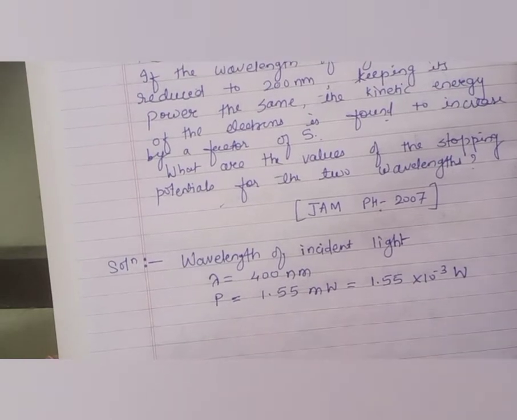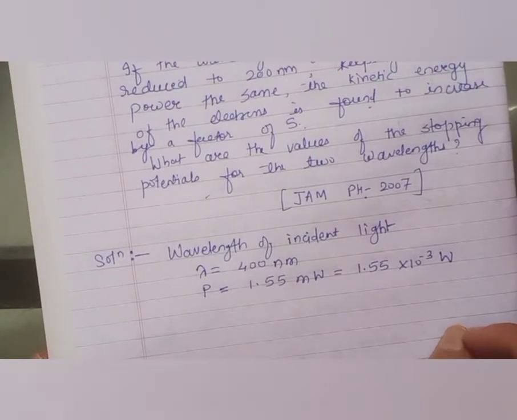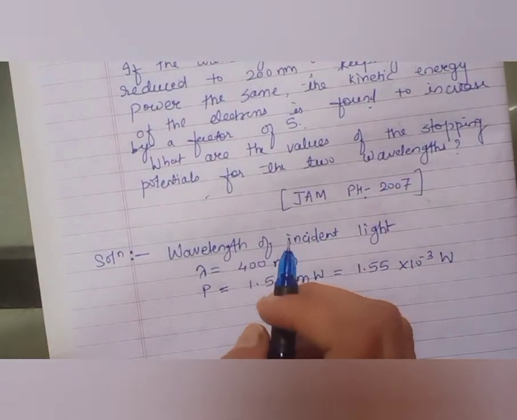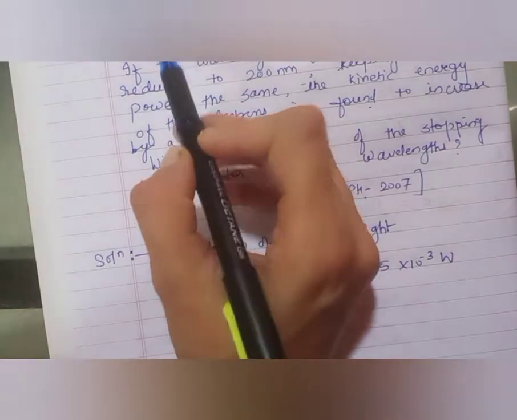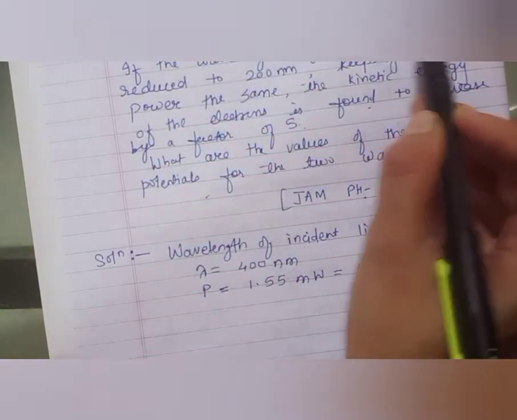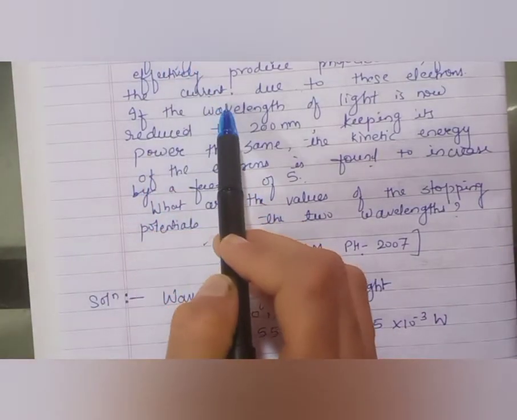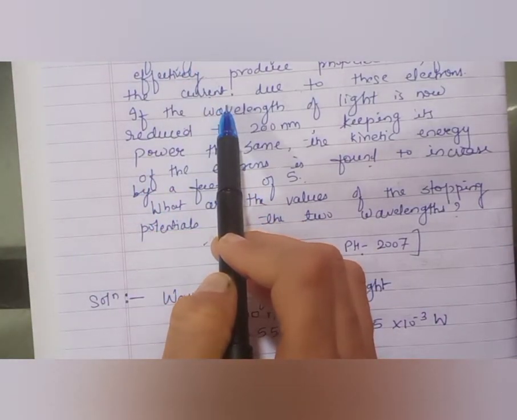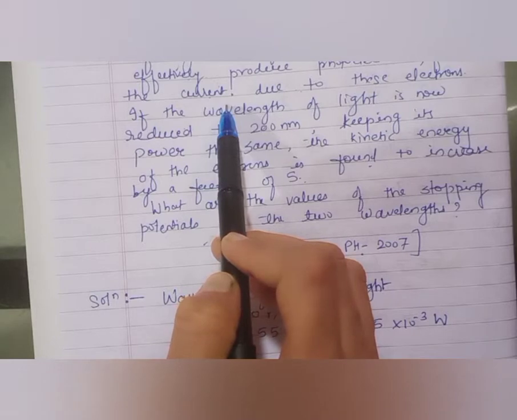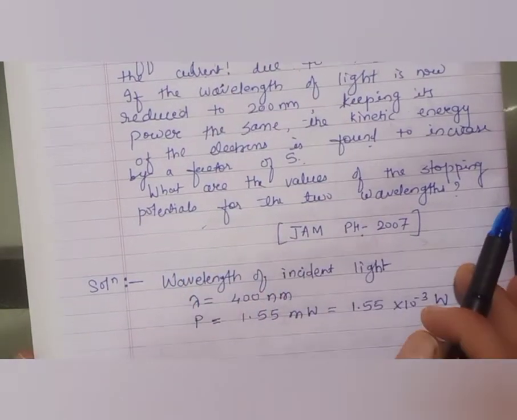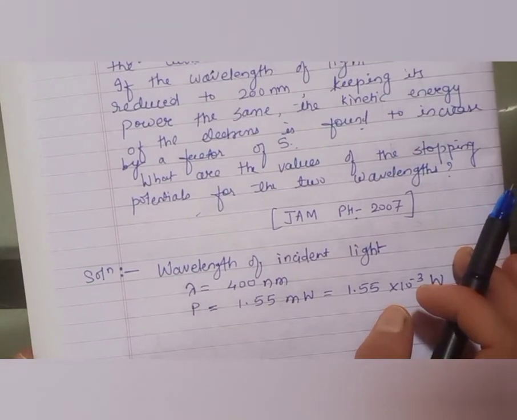Now what do we have to find out? We have to find the current. If we have to find current, it is nothing but number of electrons multiplied by charge on electron. So I have to find the number of electrons ejected.